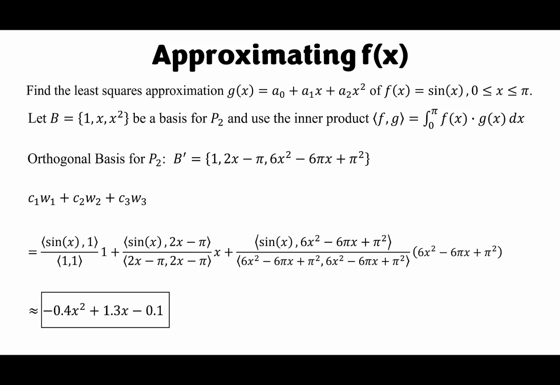So the idea is, this is the closest you can get to sine of x, and in closeness we're measuring using this inner product of f times g from 0 to pi. It's the closest you can get using that inner product on the closed interval from 0 to pi when you're restricted to just using polynomials of degree 2. You can't get any closer than that.